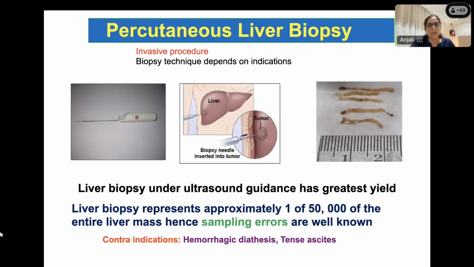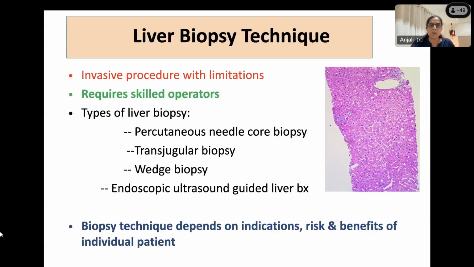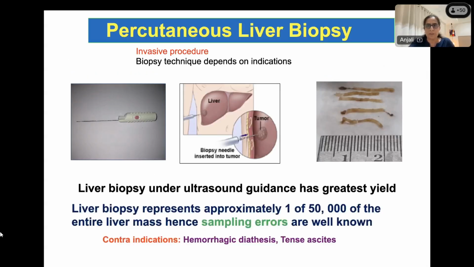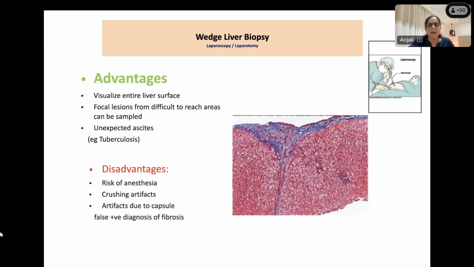The two main contraindications are hemorrhagic diathesis and tense ascites. I am not going into details about each and every type of liver biopsy, but this is the most common type. And this biopsy is a wedge liver biopsy, in which we pathologists receive a wedge of liver tissue.